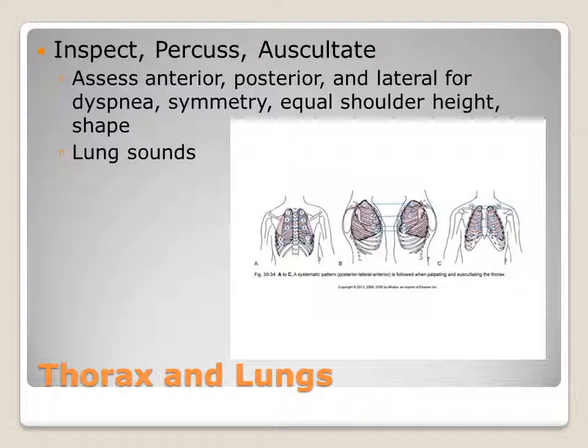You're going to listen over the trachea, the upper chest, anterior and posterior. If you do not know what fremitus is, it's basically having the patient talk and listening for the vibrations by placing your hand on their chest or their back.